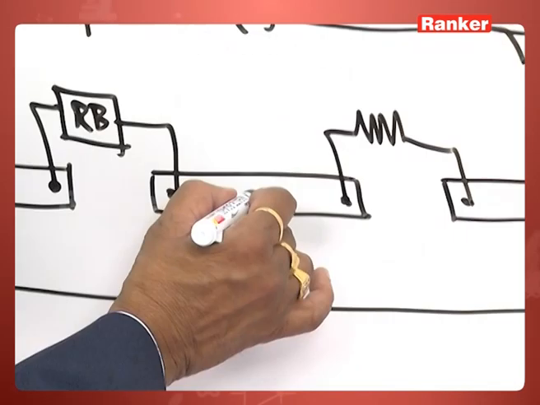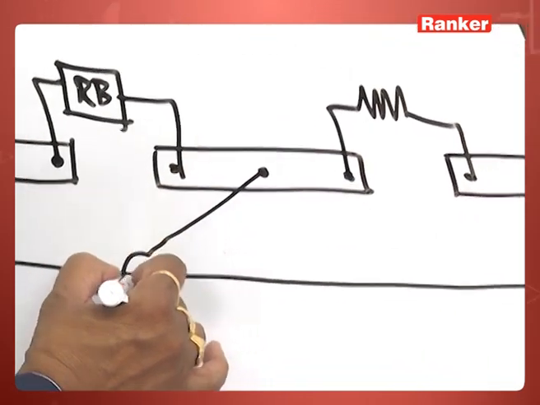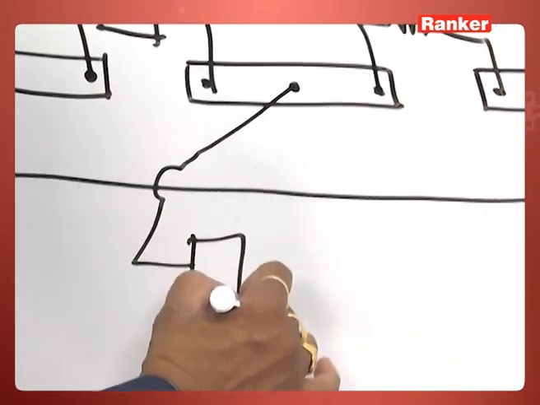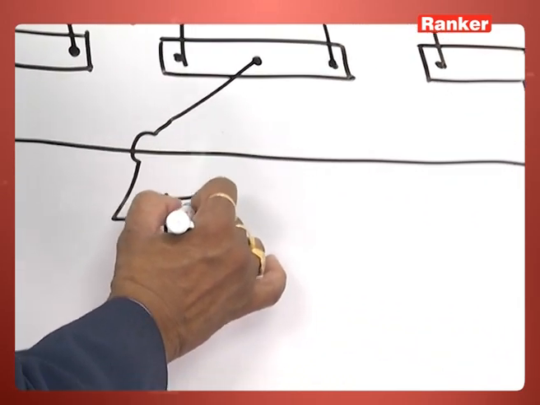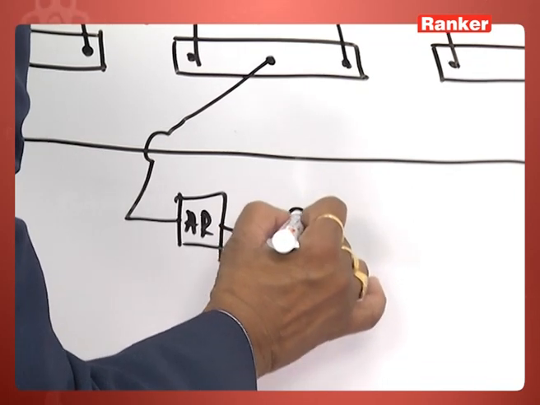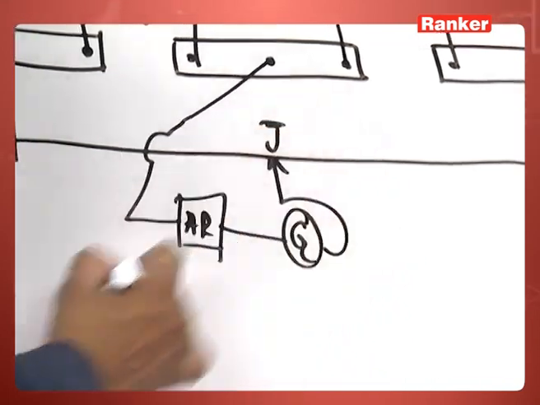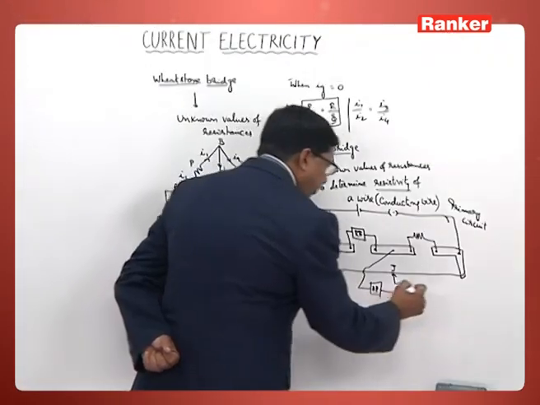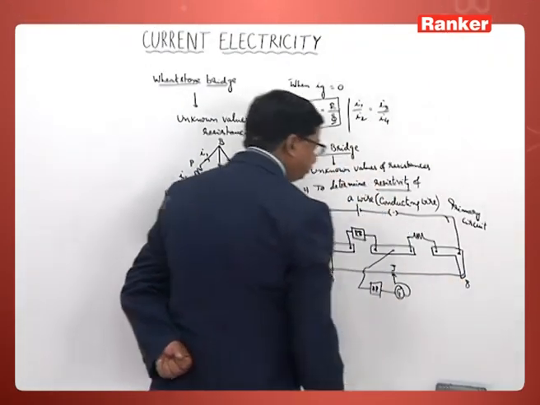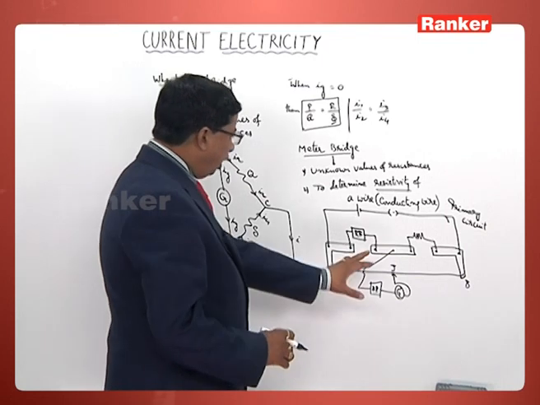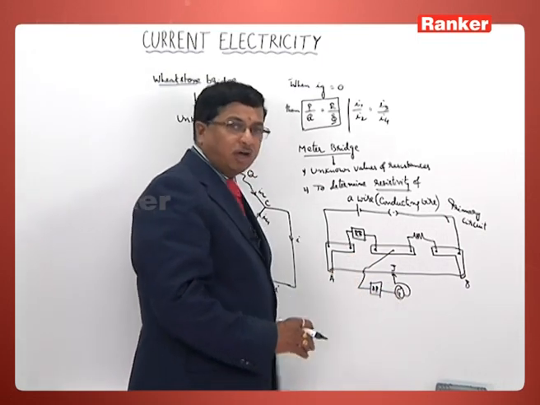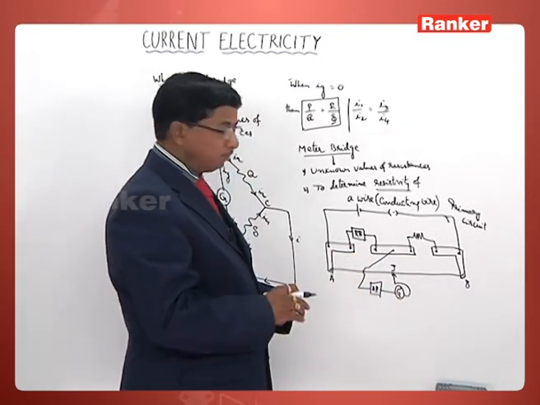From this connecting terminal, we connect a high resistance and a galvanometer, and from there it is connected to a jockey like this. In fact, this circuit we call the secondary circuit.